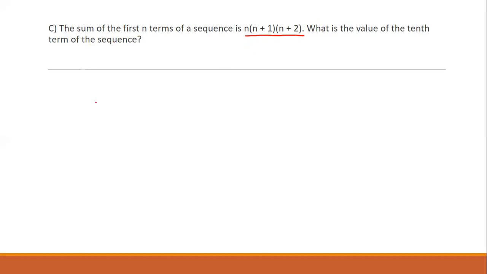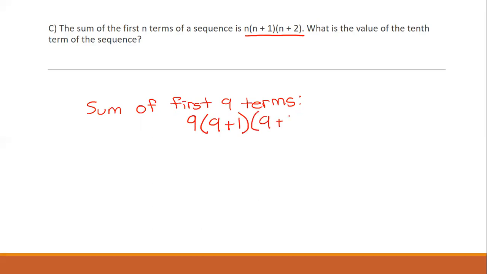We can go ahead and plug in the sum of the first 9 terms. How do we do that? We just plug in 9 for n. Once we go ahead and solve, we should get the sum of the first 9 terms to be 990.